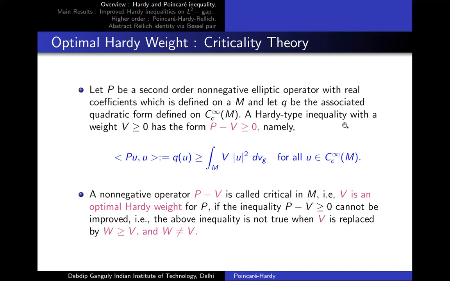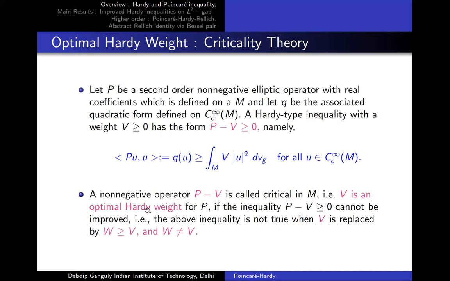The Hardy type inequality with a positive v means that P minus v, in the operator sense, is non-negative. Namely, the quadratic form associated with P minus v, that is, the quadratic form of P on u, is greater than or equal to the integral of v u square. That is the quadratic form associated with the operator P minus v. When we call this v critical, that means an optimal Hardy weight.